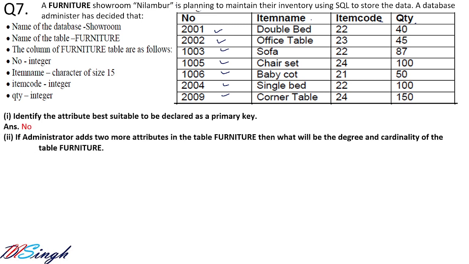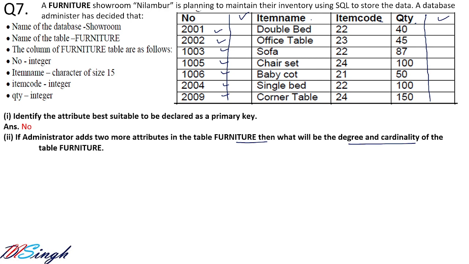Next, if administrator add two more attribute in the table furniture, then what will be the degree and cardinality of the table? So what you are adding? You are adding two more attribute. I told you attribute, column name, column and field all are same. So you are adding two more.